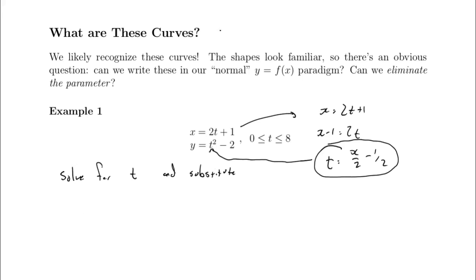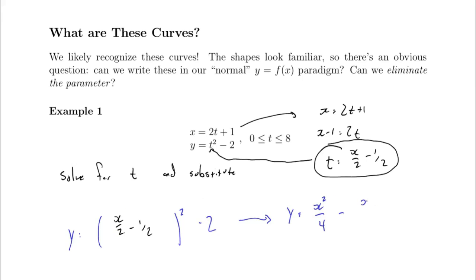And now that I have some representation of t, I can go ahead and substitute that right in here, and I can see pretty clearly then that y is going to equal t squared, but t is x over 2 minus half, and then we're going to do our normal subtract 2. So what we have then is that y equals, what's x over 2 minus half squared? That's going to be x squared over 4 minus a half times x over 2 times 2.